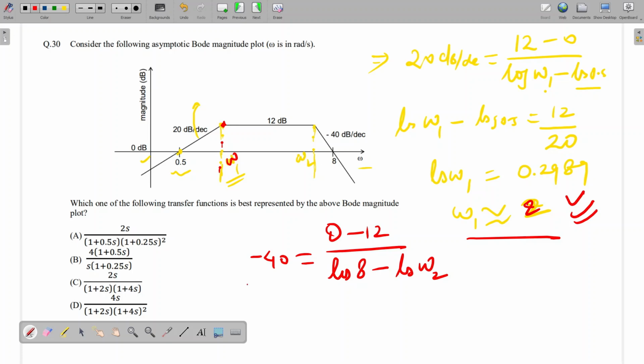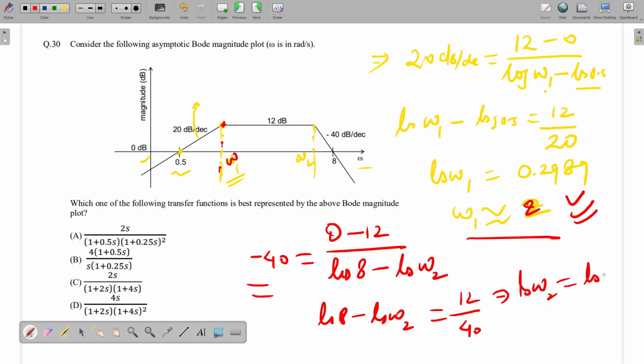So similarly, from this one, we can calculate the omega 2 value. Log 8 minus log omega 2 is equal to 12 by 40. So log omega 2 is equal to log 8 minus 12 by 40.